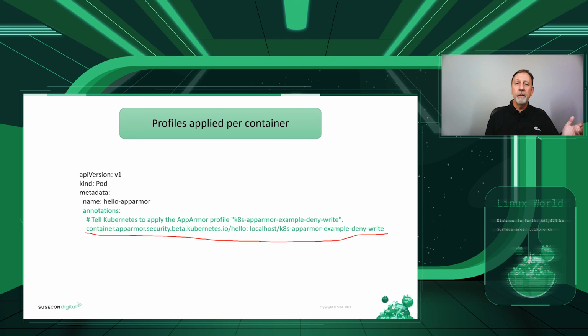You could certainly leverage some configuration management tools, like our SUSE Manager product, leveraging Salt. You could do it with Ansible and some other tools. A couple of different ways of getting those profiles distributed. But once they're distributed to each of those nodes, you can leverage this annotation section in a pod manifest to make sure that when that pod is launched, that particular AppArmor profile is loaded with it.